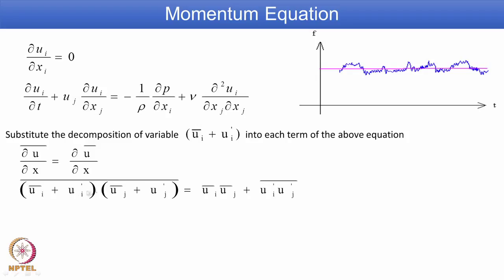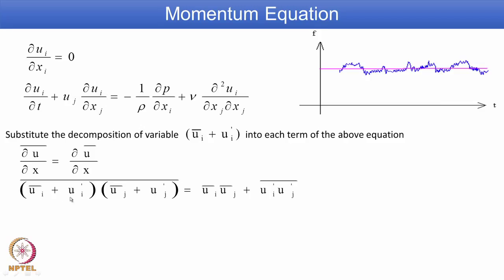Now, why do we do this? Because if you take uj into the derivative, it becomes ∂/∂xj of ui uj. So, you have a product of 2 velocity components. Now, you want to apply decomposition to that product, that is ui uj. ui is one instantaneous velocity, uj is another instantaneous velocity.